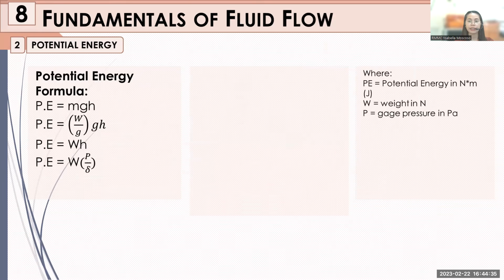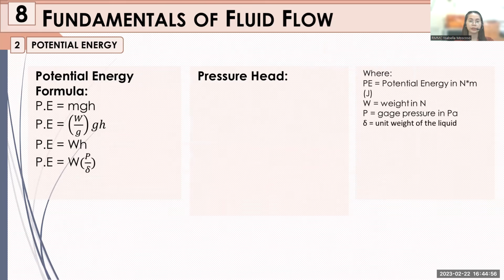P here, take note, is gauge pressure in pascals. Meron tayong tatlong pressure na kino-consider. That is the absolute pressure, the gauge pressure, and the atmospheric pressure. So please take note that the pressure that we are talking here is a gauge pressure.